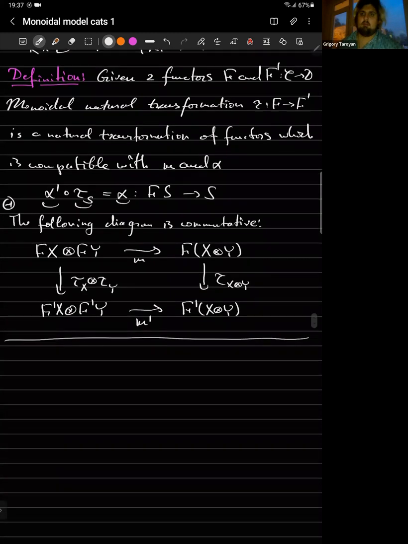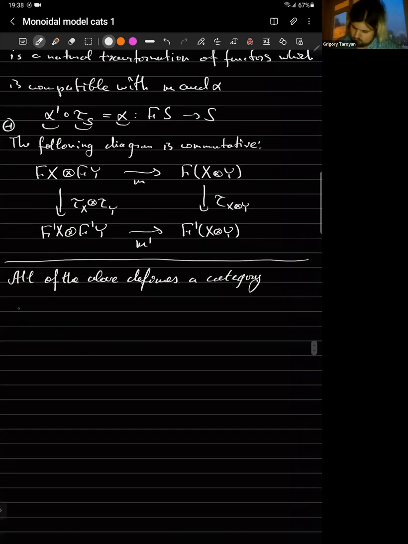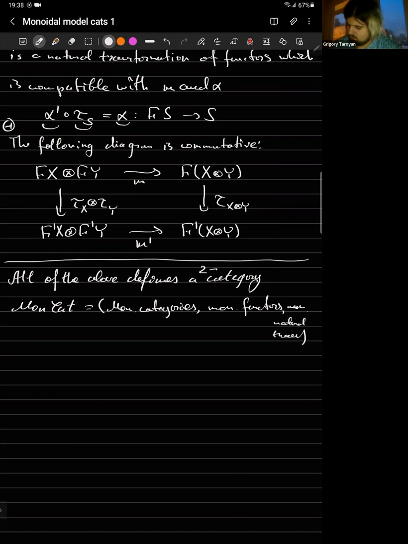And given monoidal categories, monoidal functors, and monoidal natural transformations, we can organize them all into a two category of monoidal categories, consisting of monoidal categories, monoidal functors, and monoidal natural transformations. So these are the objects, these are one morphisms, these are two morphisms.